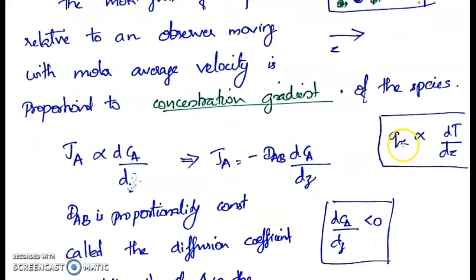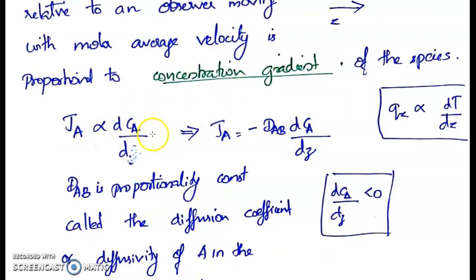According to Fourier's law, the heat flux is proportional to temperature gradient. Similarly, here the molar flux is proportional to concentration gradient, because here concentration gradient is the driving force, and in heat transfer temperature gradient or temperature difference is the driving force.